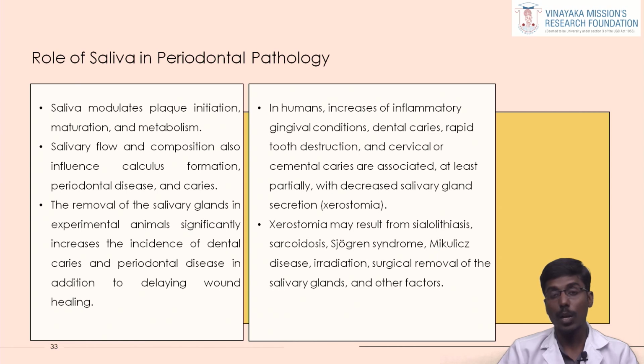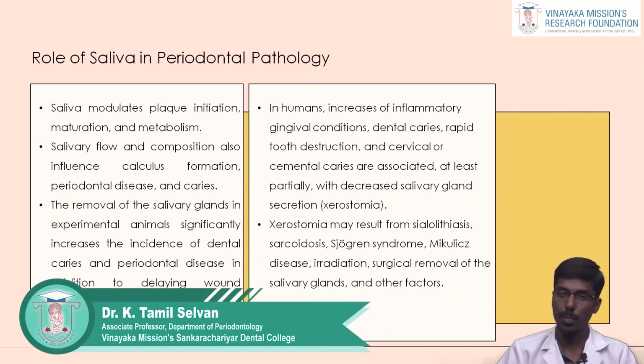Now coming on to the role of the saliva in the periodontal pathology. We also know that saliva is helping in the initiation of the plaque and its maturation. Not only this property but also the composition and the flow of the saliva can influence the calculus formation as well as the periodontal disease progression.